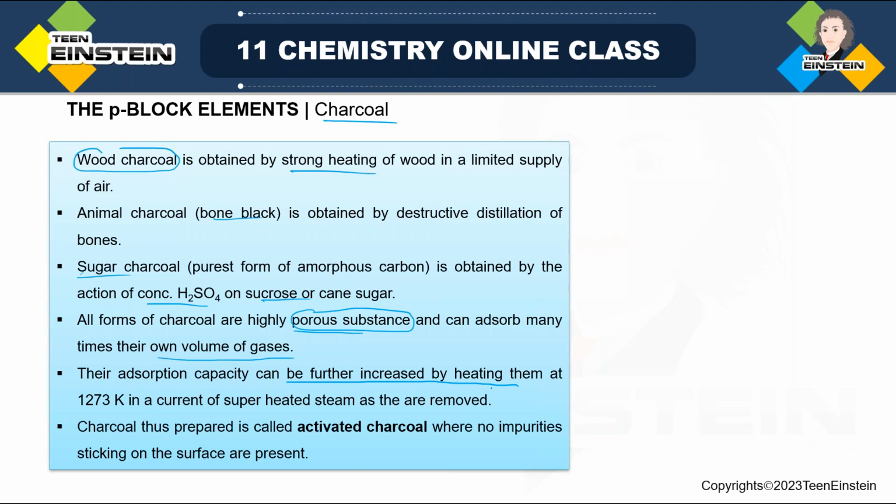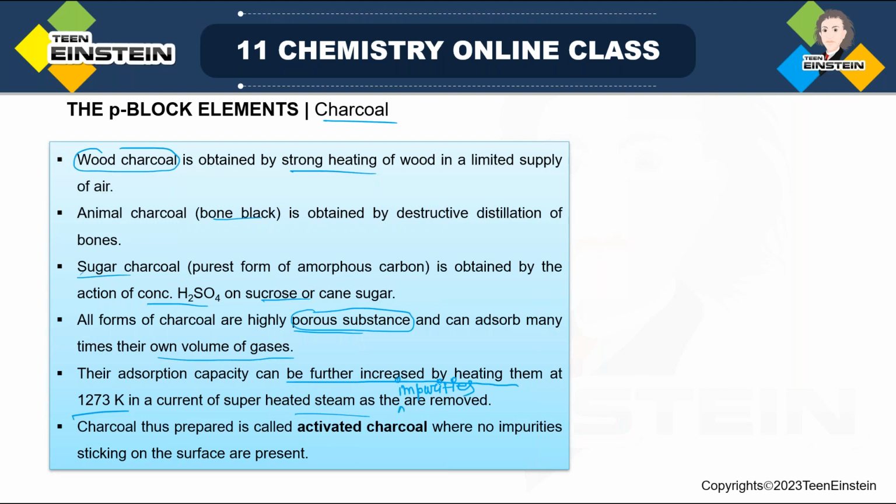gases. So how can we increase this absorption capacity? By heating this charcoal at a high temperature, 1273 Kelvin, in a current of superheated steam, as the impurities are removed. So this is the purpose.